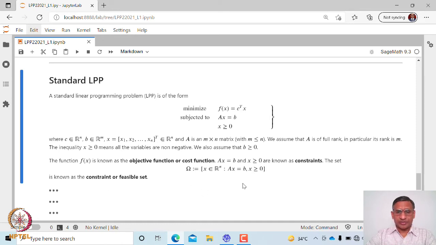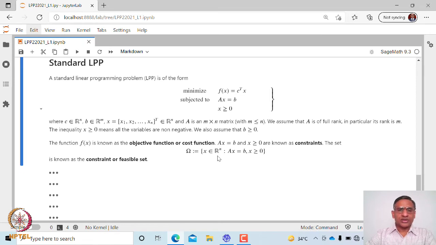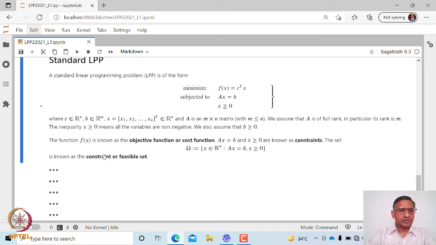So our aim is going to be to study this feasible set. That means find all the points which satisfy these constraints, and that minimize the objective function. That is the way to solve this problem.